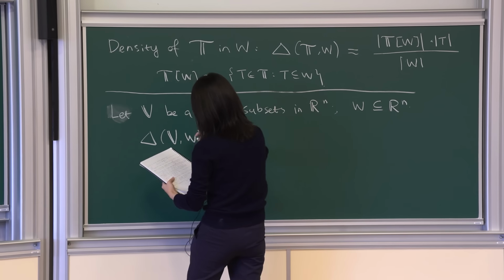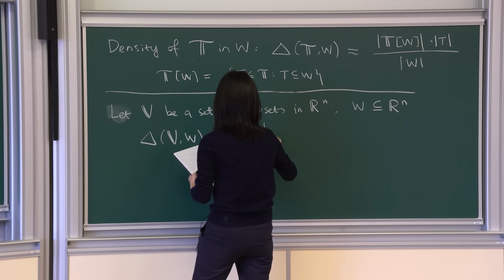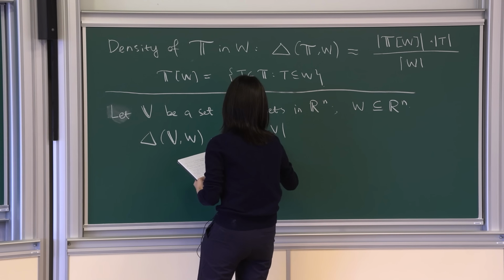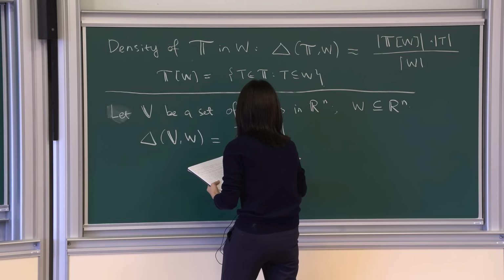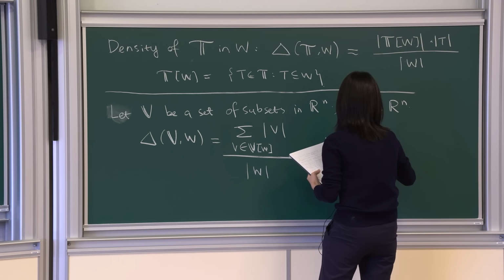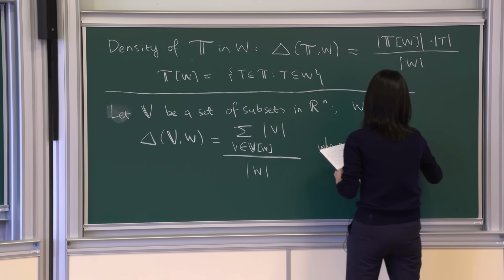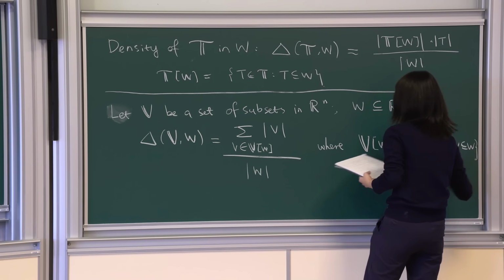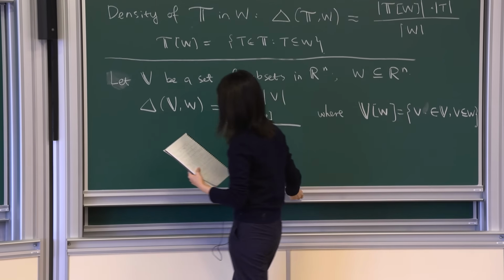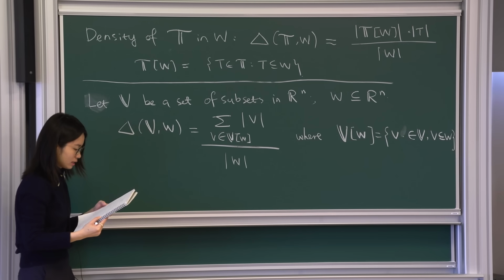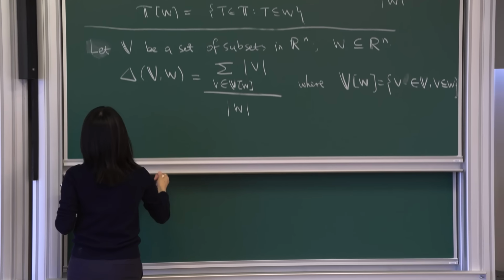But as you can see, this is just a mild generalization of this density for an arbitrary set of convex sets.